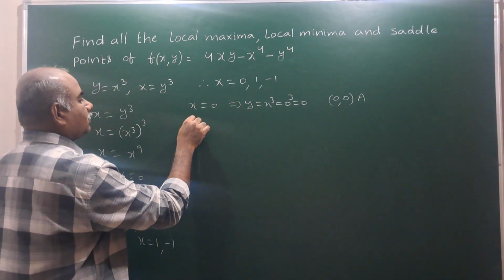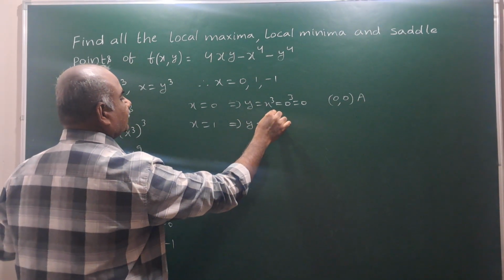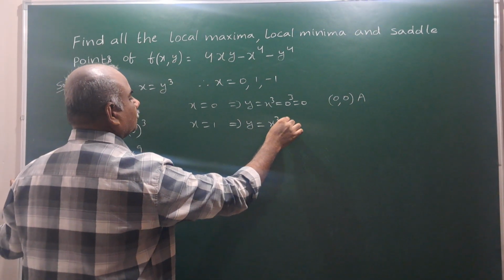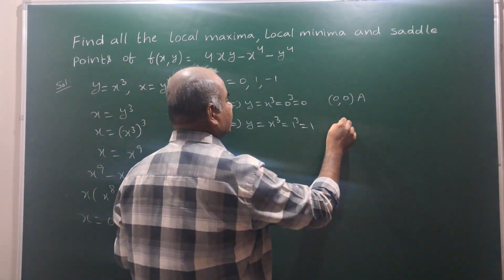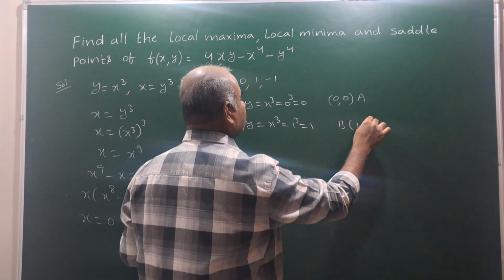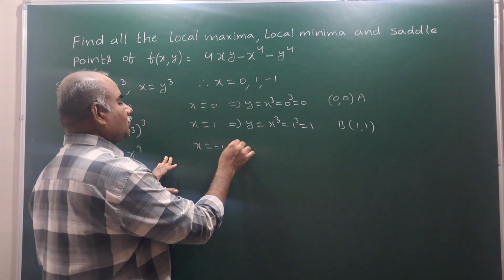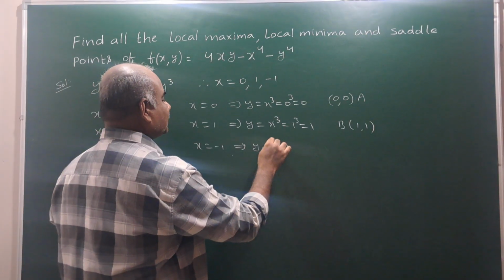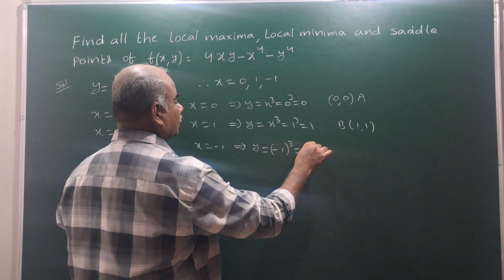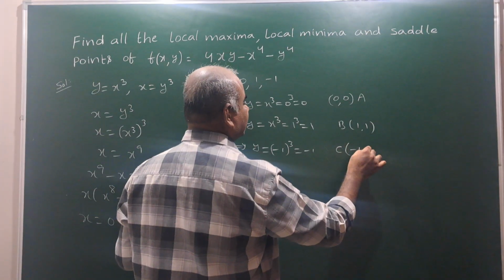For x = 1, y = 1³ = 1, so the second critical point is 1 comma 1. And for x = −1, y = (−1)³, which is also −1. Therefore, the third critical point is −1 comma −1.